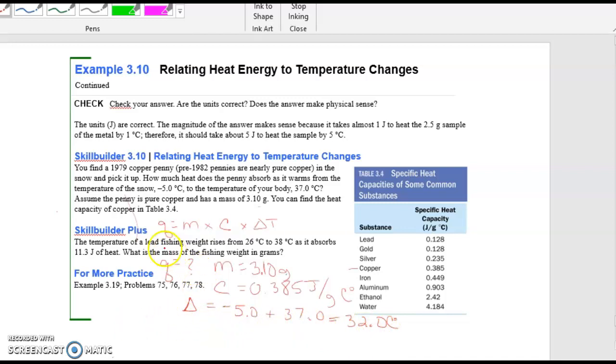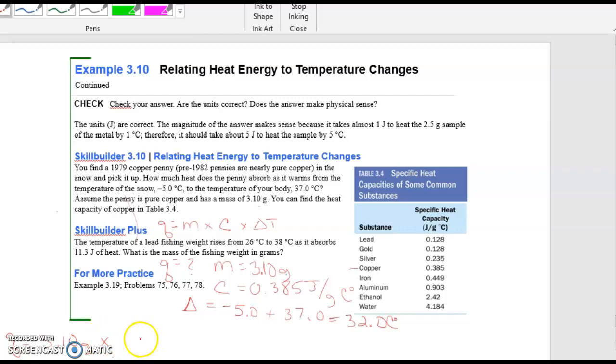All right, now this is our equation. This is our heat equation. So we're just going to plug everything in. All right, so I'm going to start with our heat. That's what we're looking for. And next is our mass, 3.10 grams.